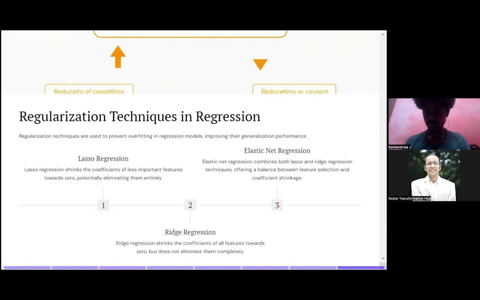So elastic net keeps both the techniques together, and offers balance between feature selection and coefficient shrinkage, because it's all about features, guys.